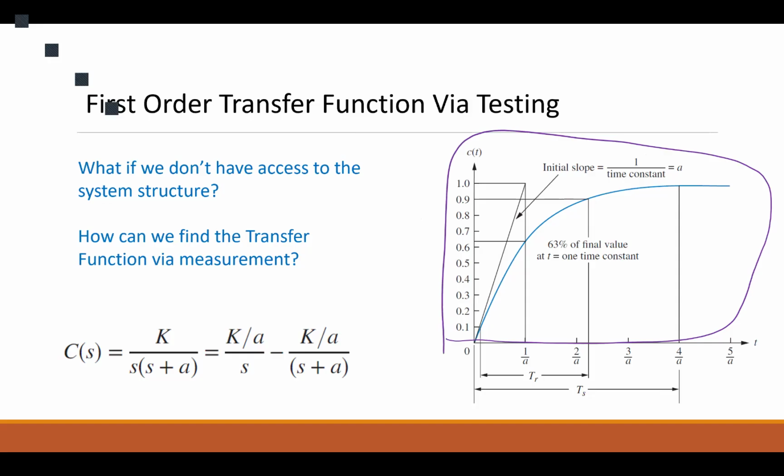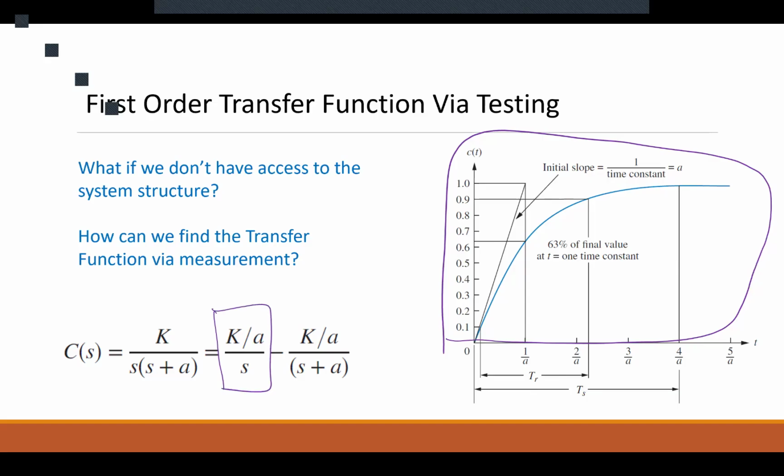You are going to have a forced response in the C of S in the output, which is related to the input itself. Input is a step function, so we are going to have a term in our C of S, which is a coefficient over S. Are we good?